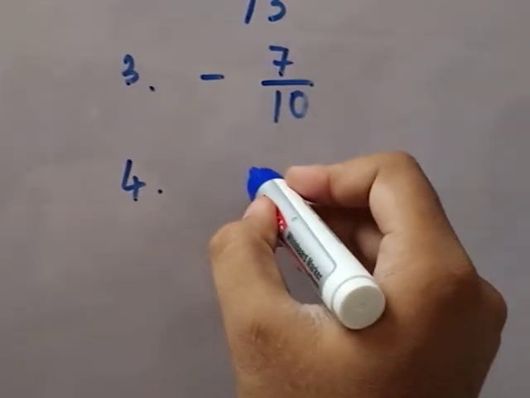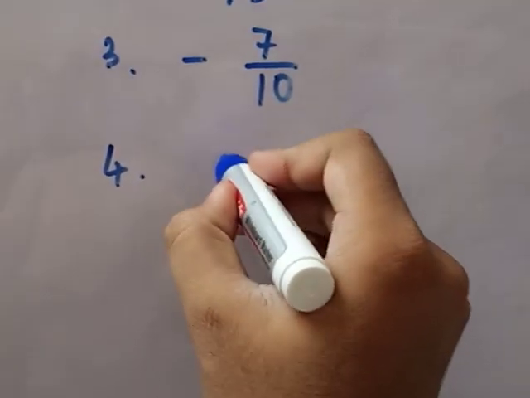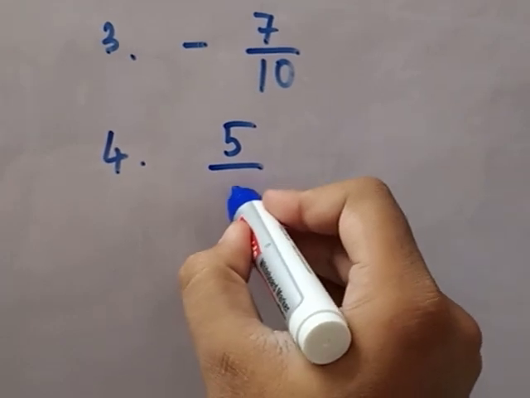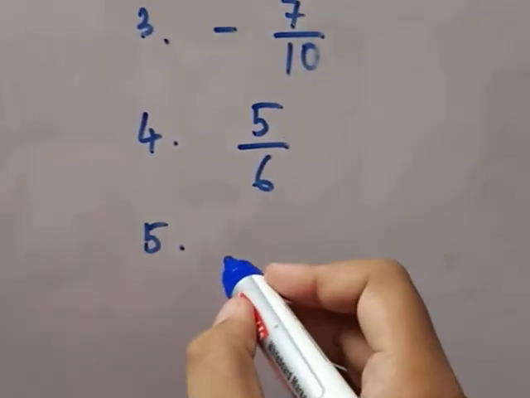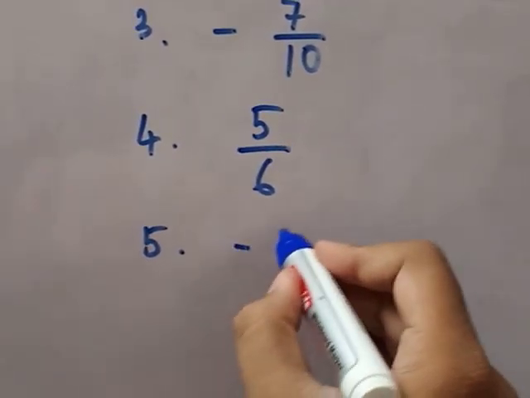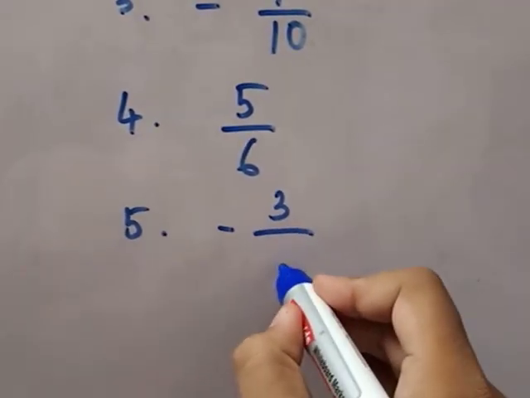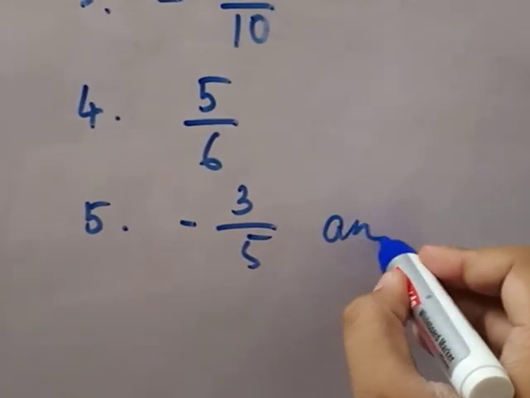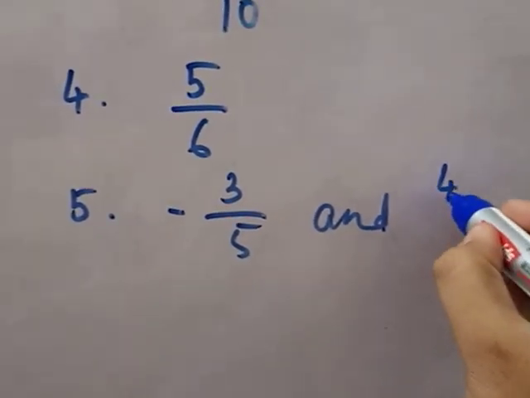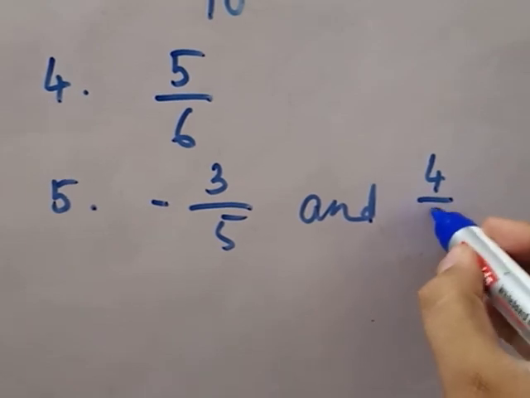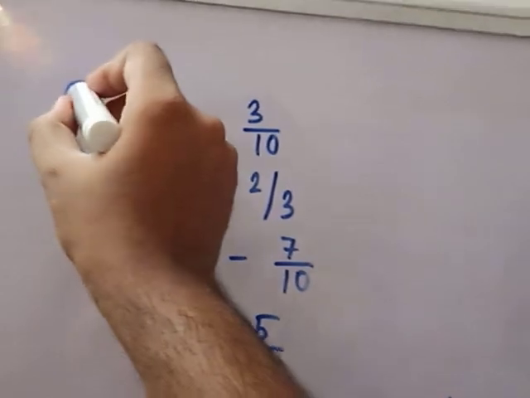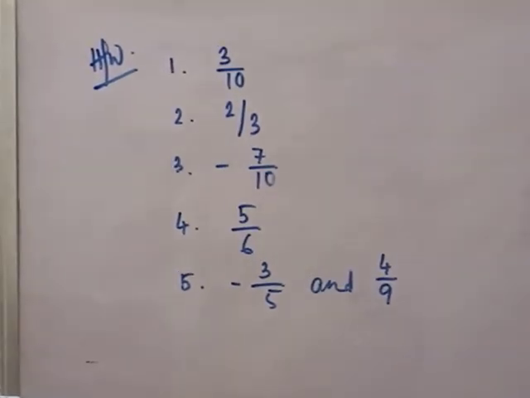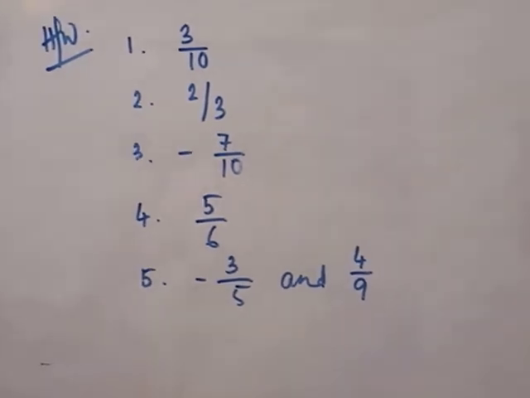Number 4, 5 by 6. And number 5, minus 3 by 5 and 4 by 9. So these 5 sums are also homework for the next class. Okay, write it in your copy. Thank you all.